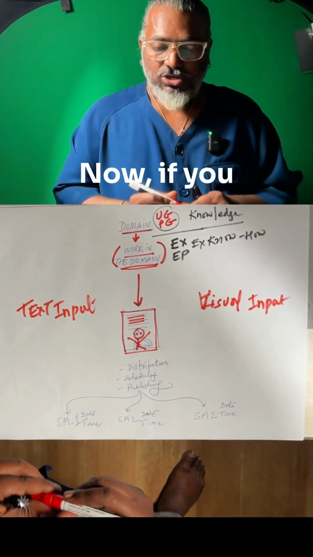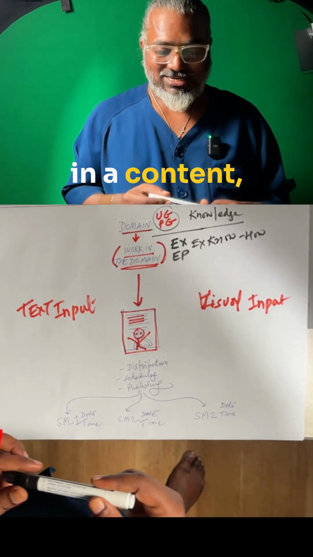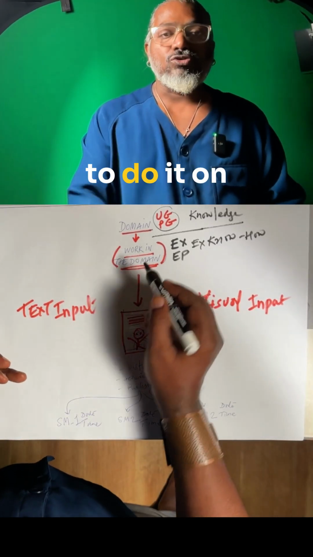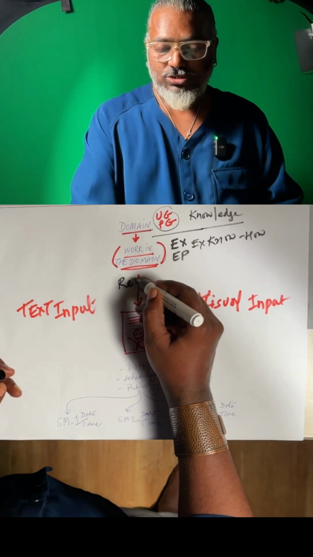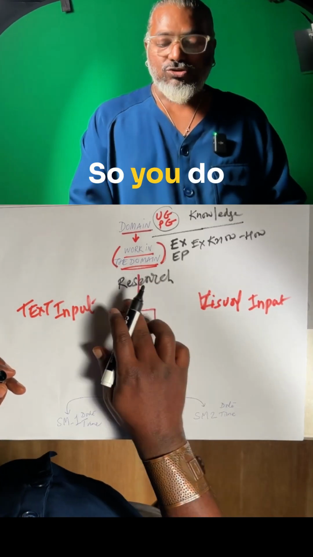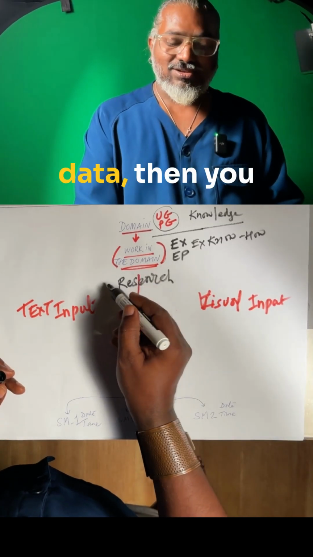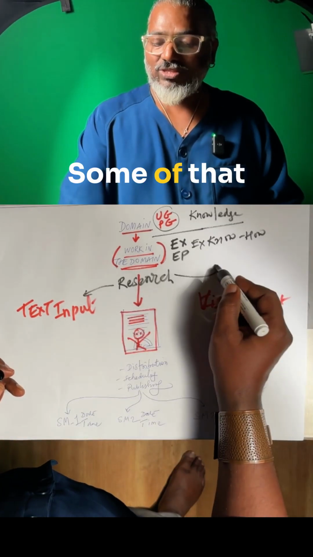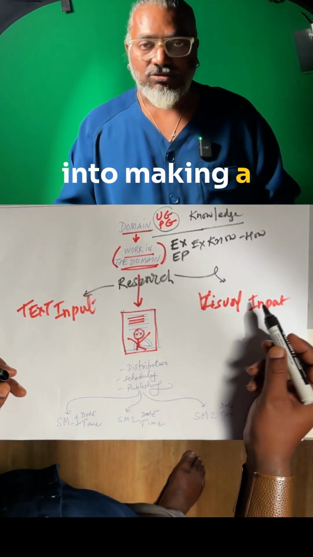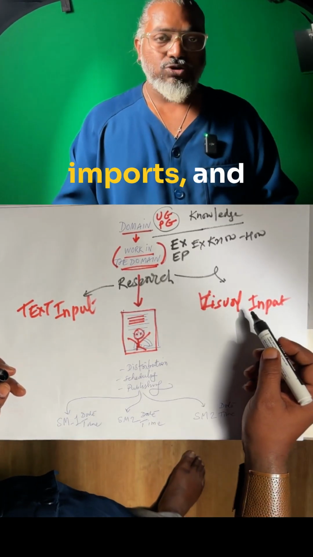Now, if you want to create content, of course, you want to do it on a particular subject. That means you need to do research. So you do research, you collect data, then you convert some of it into text. Some of that research gets made into a graph, visual inputs.